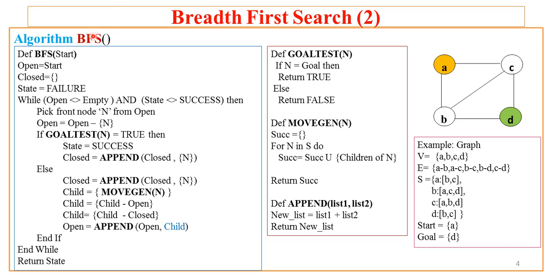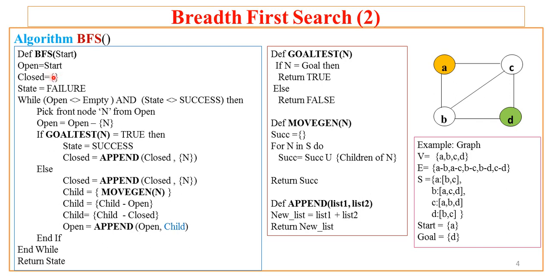Now the BFS algorithm has the following steps. We start with the given start node. We maintain two lists, that is the open list and the closed list. And in our case, the open list plays the vital role, because the way data is stored in the open list will decide how the search algorithm proceeds on the given state space.